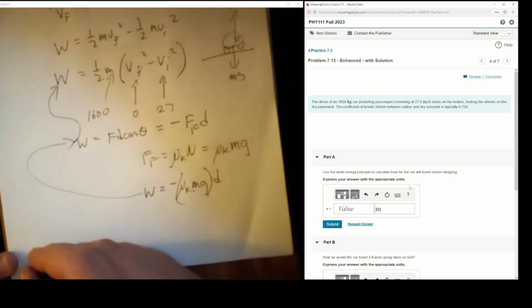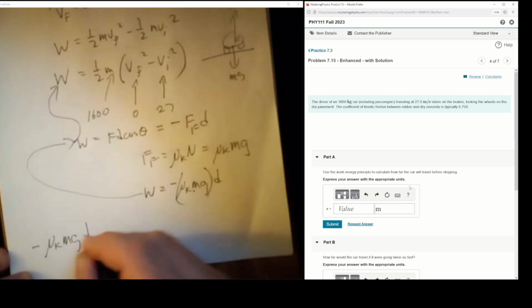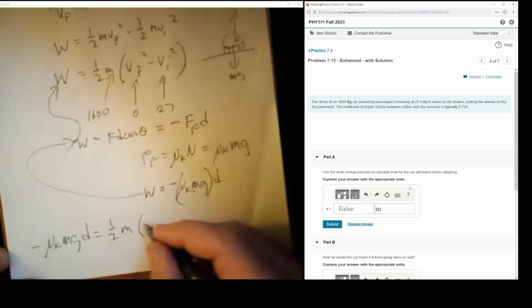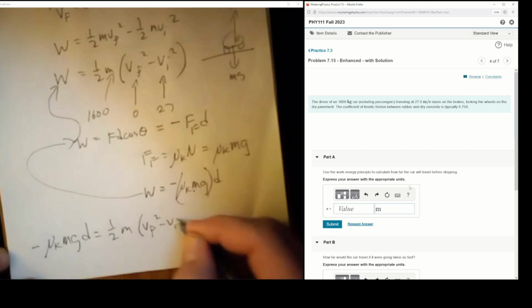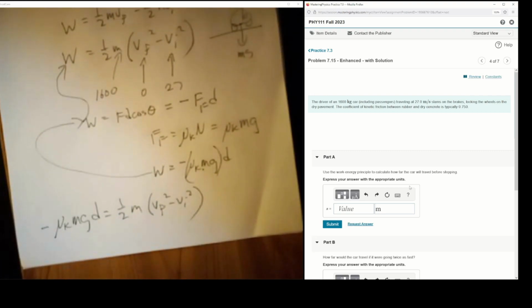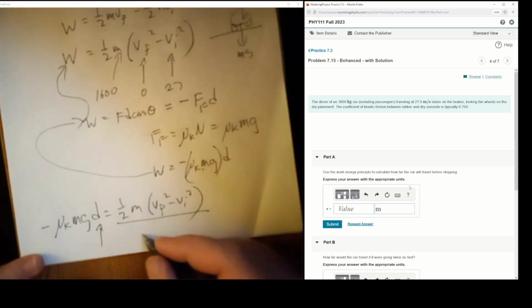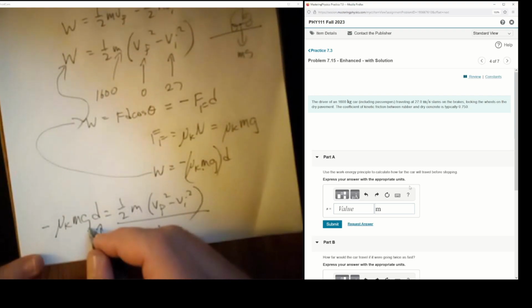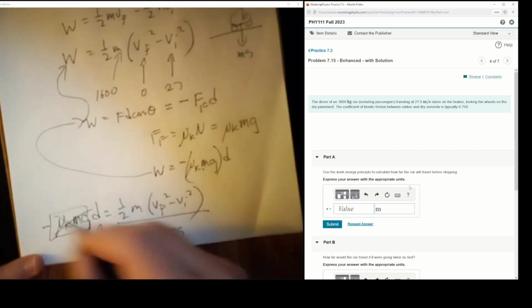We have minus mu k m g d equals 1/2 m times v final squared minus v initial squared. And we're solving for d. So to solve for d, we just divide by minus mu k m g.